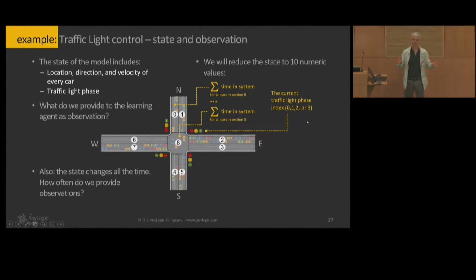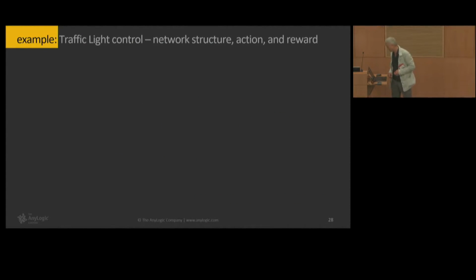This is going to be our state, 10 numbers that we will feed to the learning agent. And we will do that every 10 simulated seconds. Now, these decisions are purely based on intuition and cannot be formalized, right? So you need to have some experience to do that.